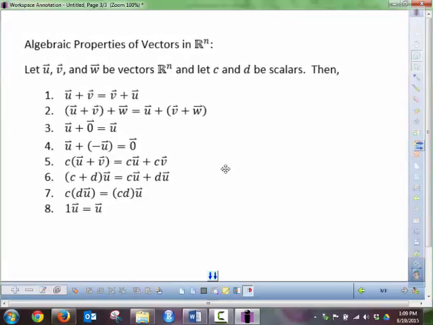I think it would be good to prove one or two of these sometime, but I don't feel like doing it now, so we'll just leave it like that. Okay? These are mainly used in proving more complicated theorems and ideas, but these are essentially properties that can be easily proved.